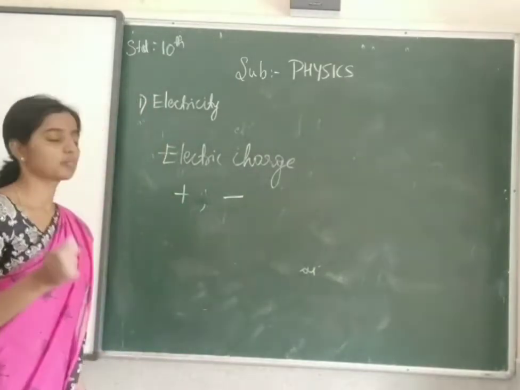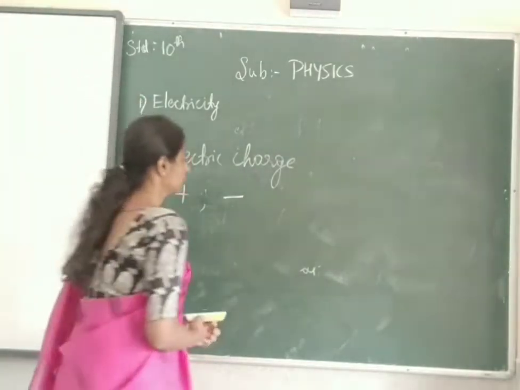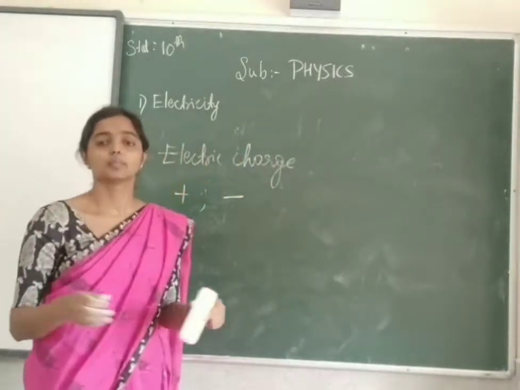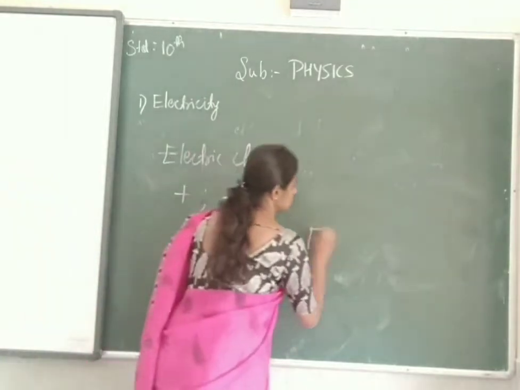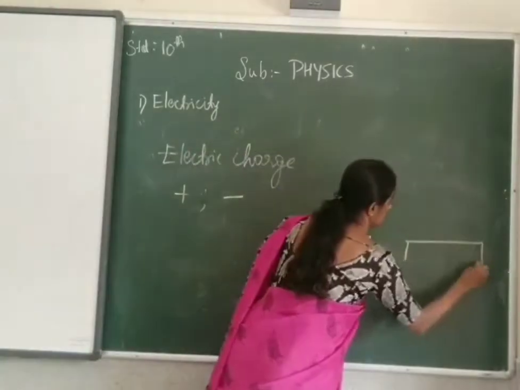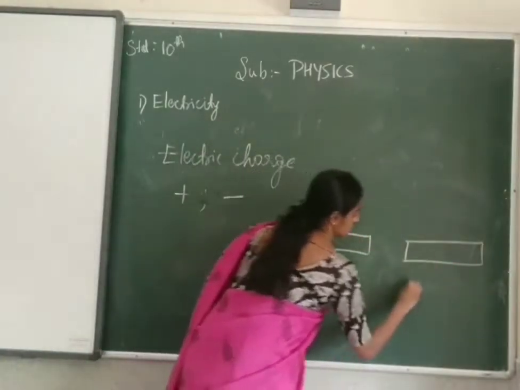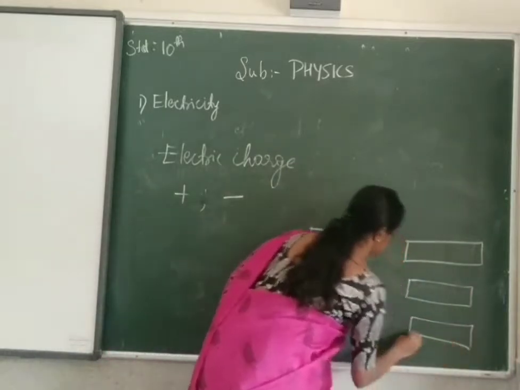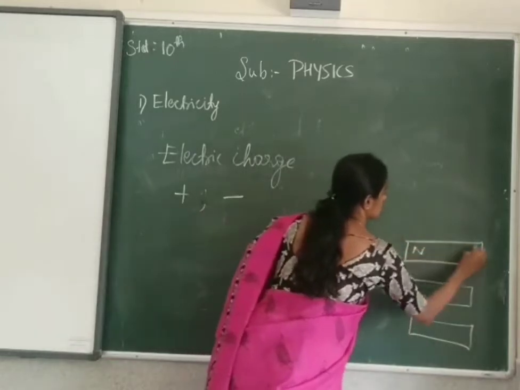Let us consider a magnet for a moment. We know that with magnets, two like poles repel each other. Let us draw a diagram for better understanding. So these are our magnets: south, north, south.